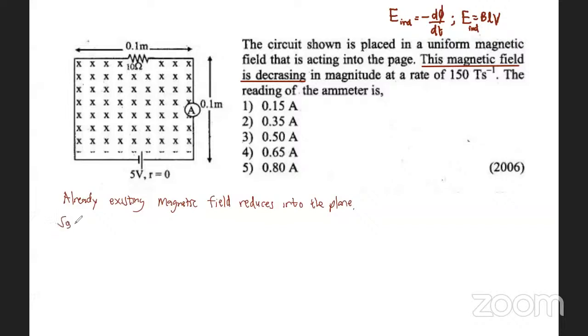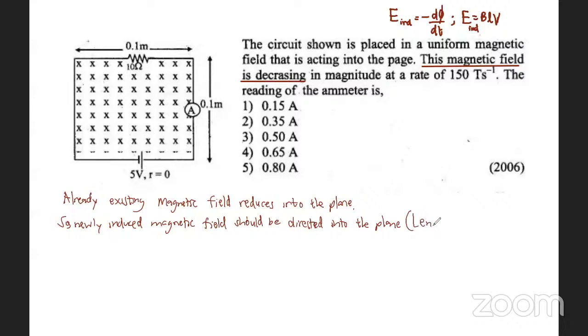The newly induced magnetic field should be created in what direction, guys? It is reducing into the plane, so the induced field should be directed into the plane, the same direction. This is what Lenz's law is.